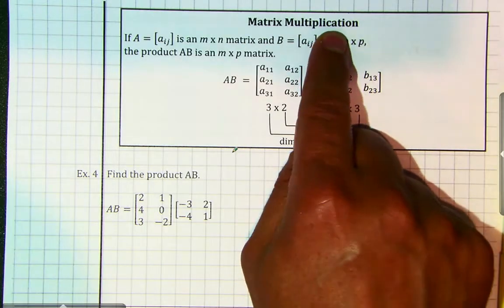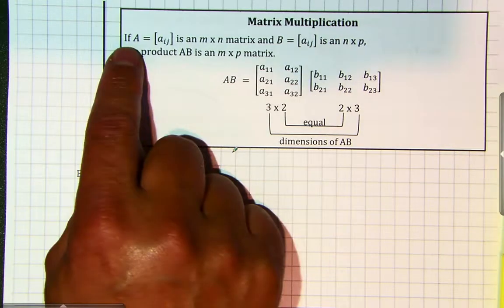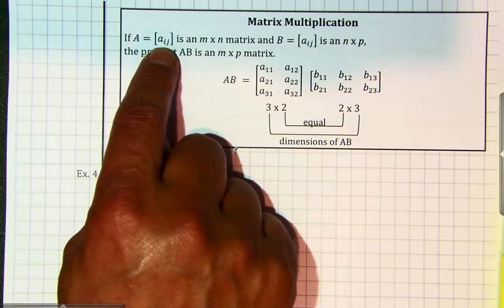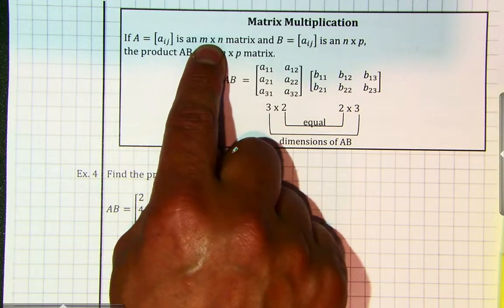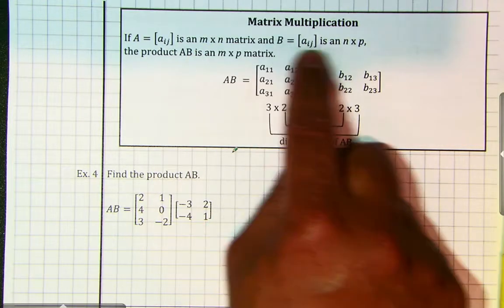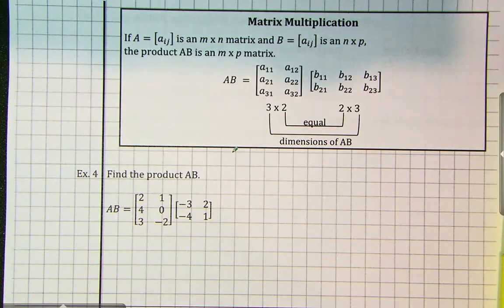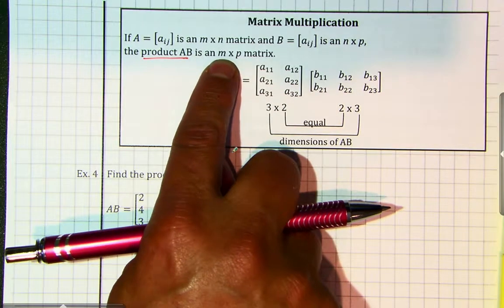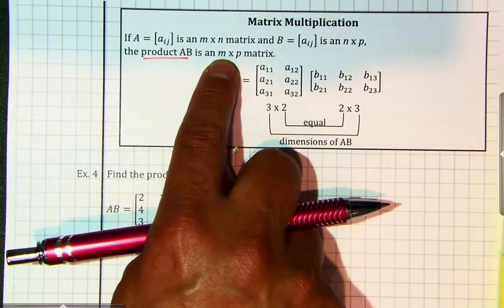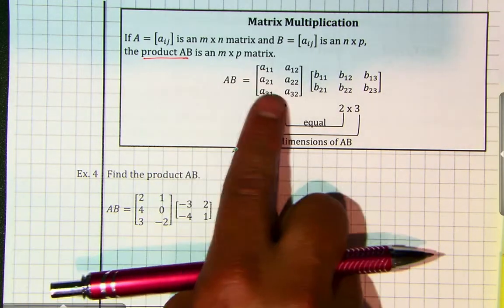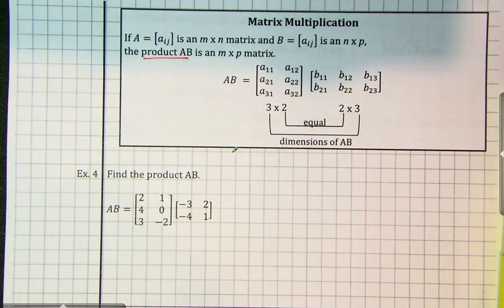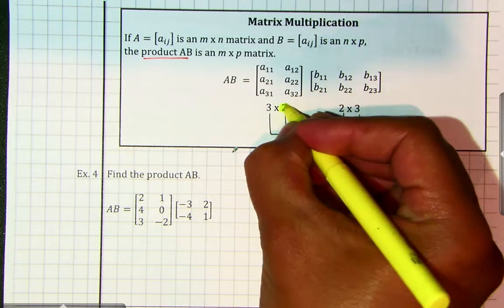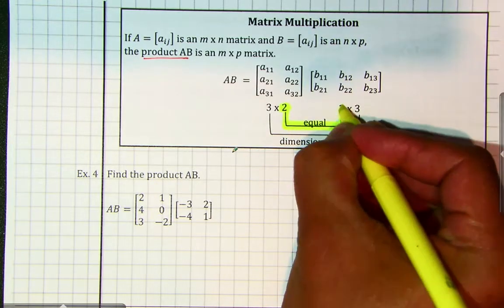Matrix multiplication. So we have a matrix A, that is an m by n, and a matrix B, that's an n by p. The product of both matrices, if you multiply them together, will be an m by p matrix. So we have two matrices, A and B. In order to be able to multiply those two matrices, these two numbers should be equal.